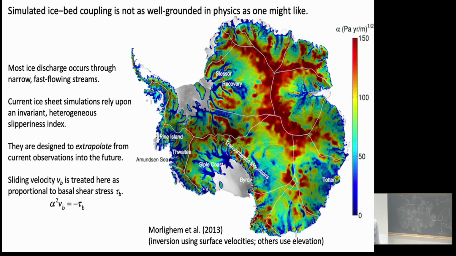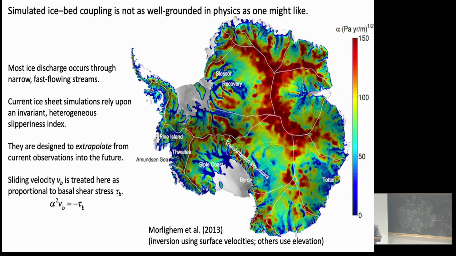You look at the surface velocities that we see today, like from that movie that I showed you, and you figure out what the basal shear stress is as well. And for the most part, that's an easy calculation. These ice sheets are huge. They're very large spatial scales here.